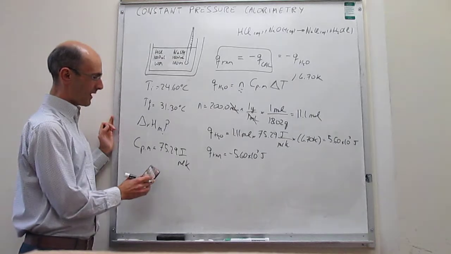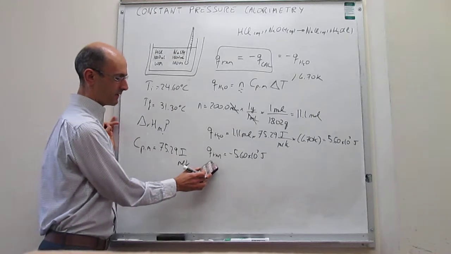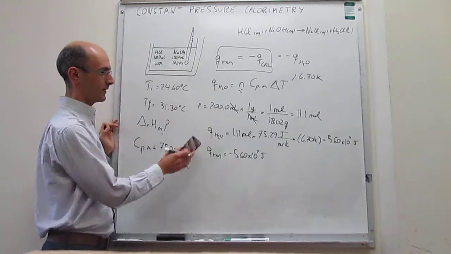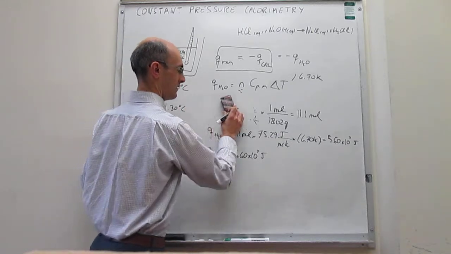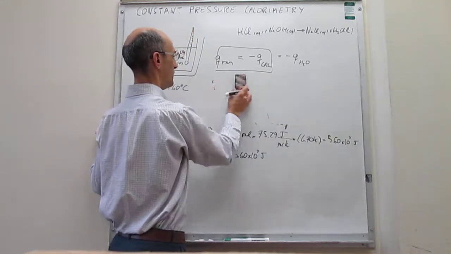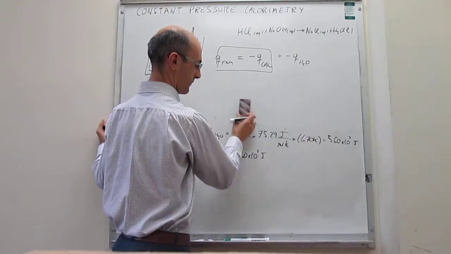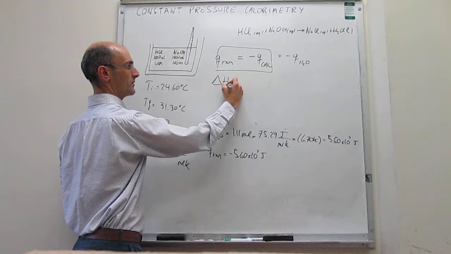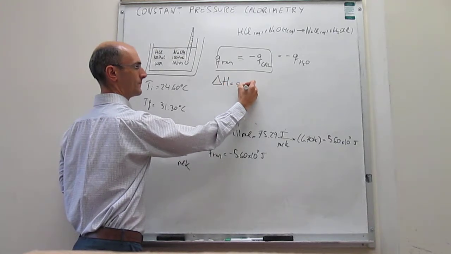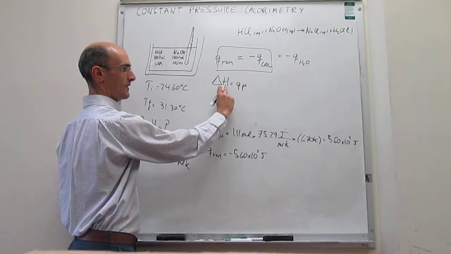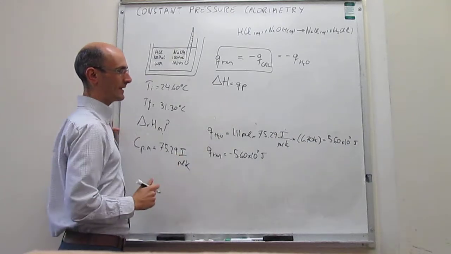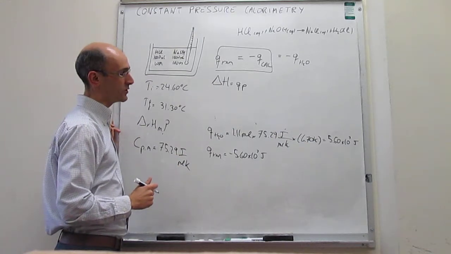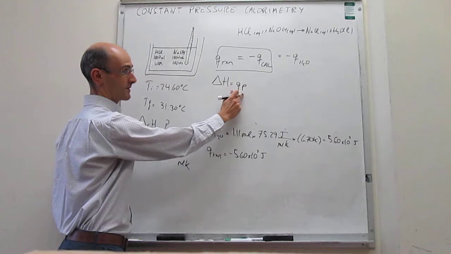All right, so the last thing then is to actually take this and then calculate enthalpies. Let me erase all this to make room for the rest of the problem. Notice that because we're working at constant pressure, the change in enthalpy is identical to the energy transferred as heat at constant pressure.